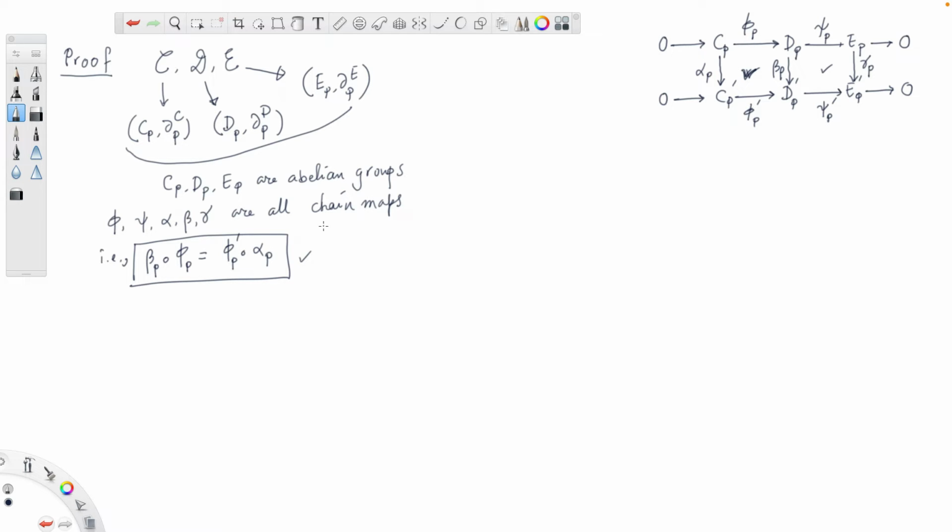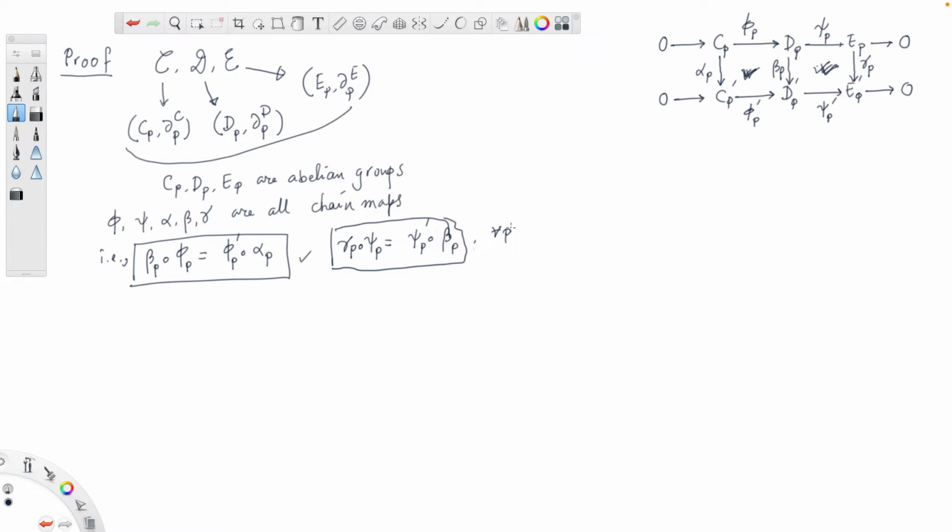And the commutativity of the right-hand square gives us this equality of composition of group homomorphisms: gamma p composed with psi p is equal to psi p prime composed with beta p. And this holds for all p.